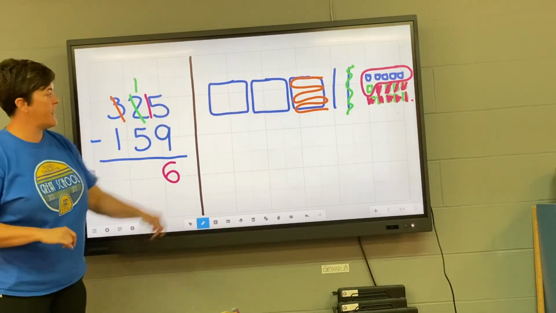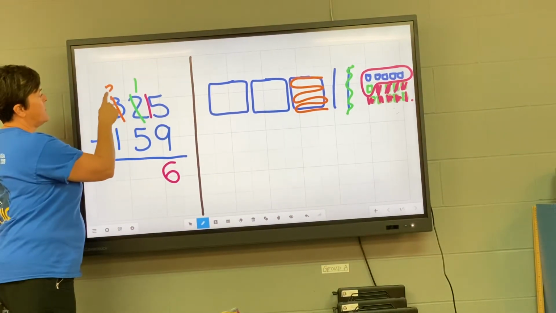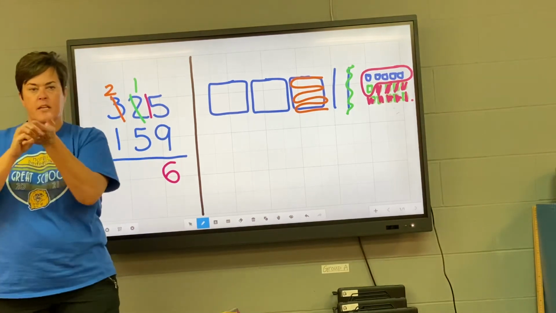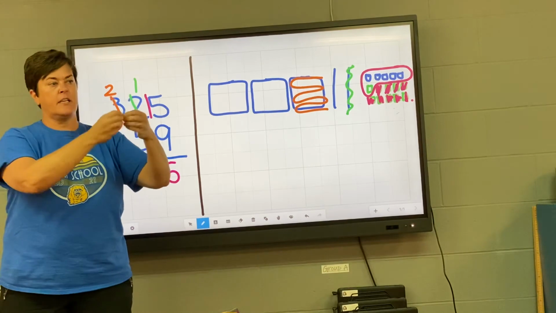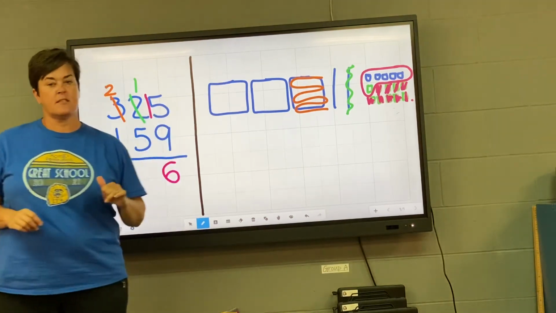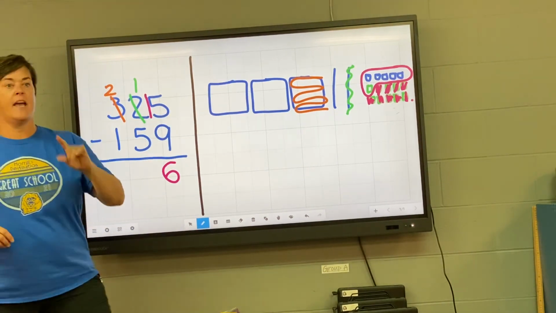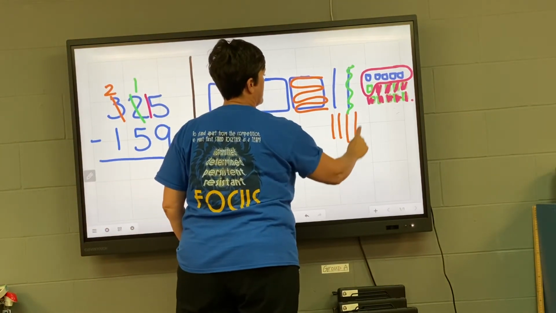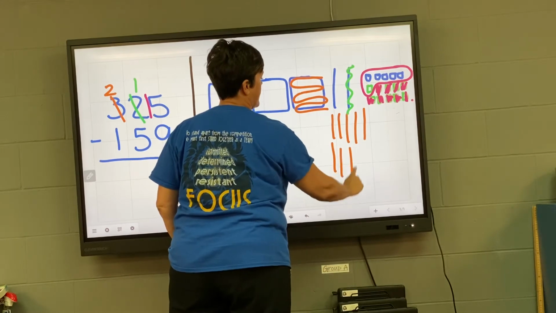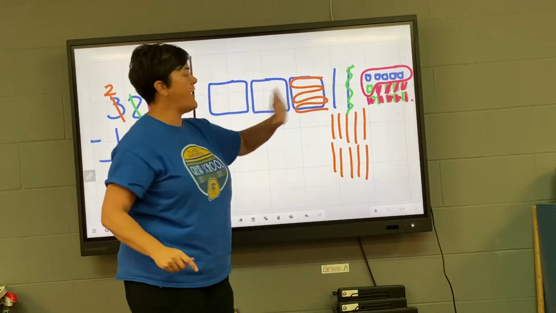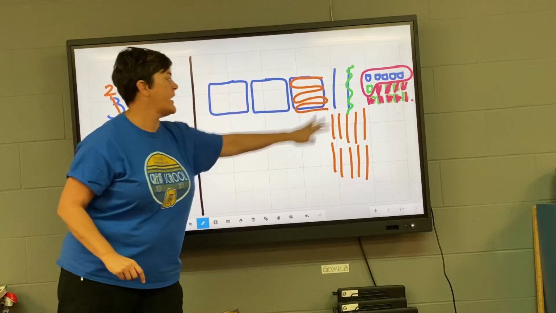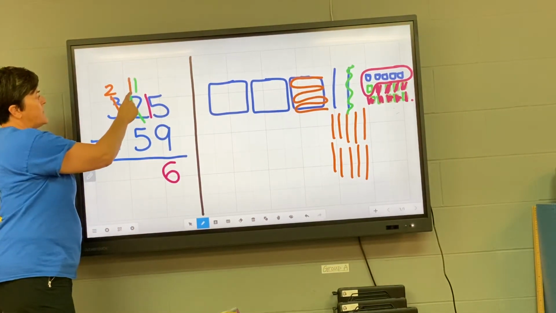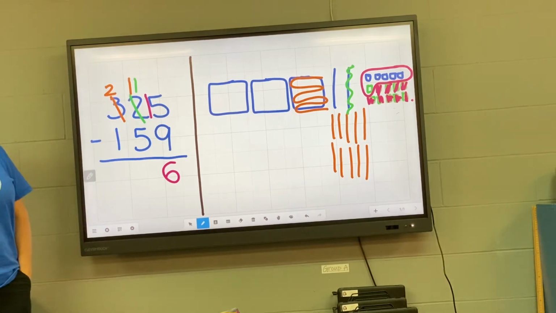I took one of them out and that left me with 2. That hundred can break apart into how many tens? 10 tens. 1, 2, 3, 4, 5, 6, 7, 8, 9, 10. And now I have 11 counting what I already had there. So 10 plus 1 gives me 11 tens.